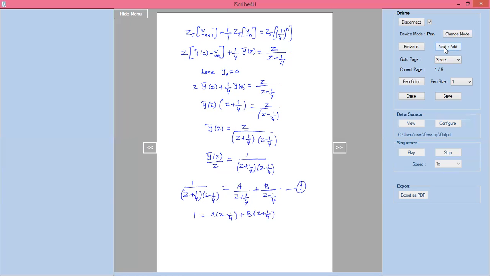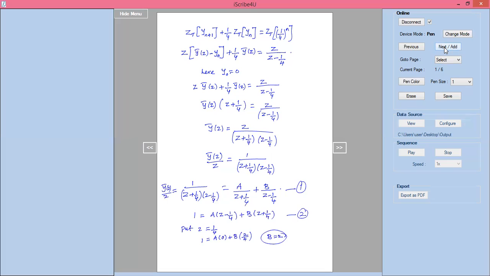Now put z equal to 1/4. So 1 equals a into 0 plus b into (1/4 plus 1/4), which is 2/4, that is 1/2. So we will get b equal to 2.